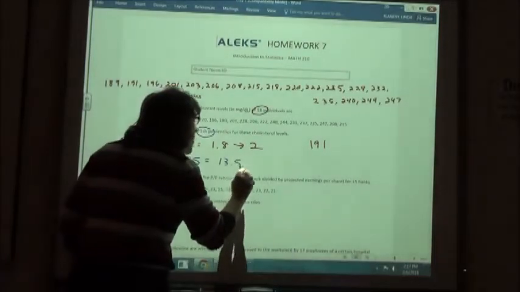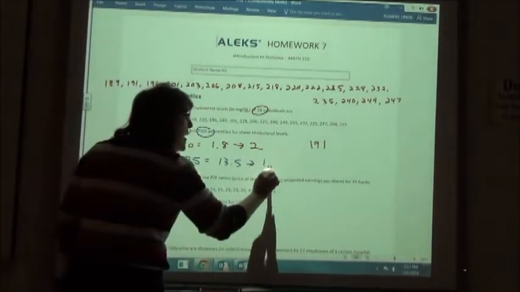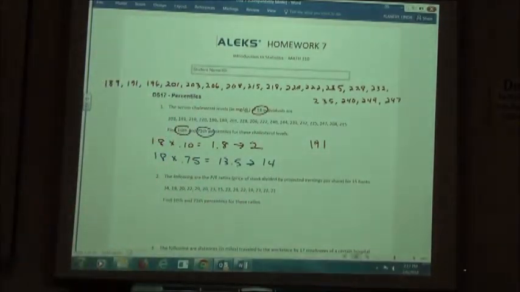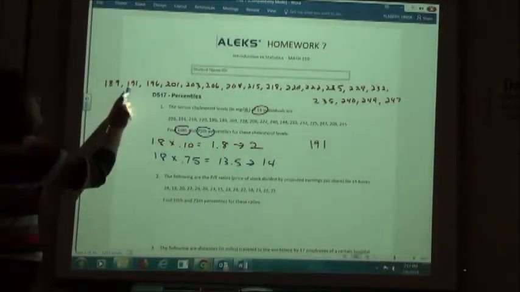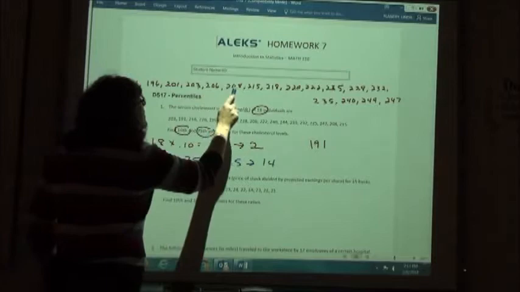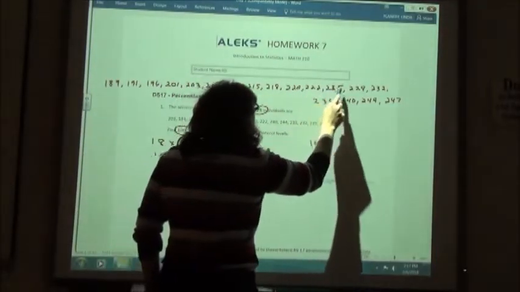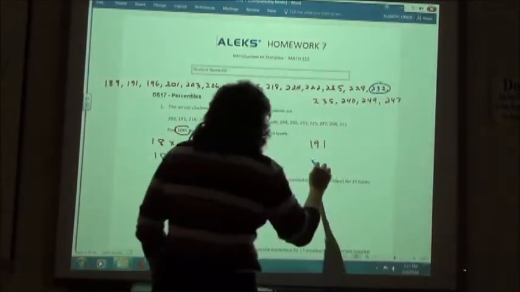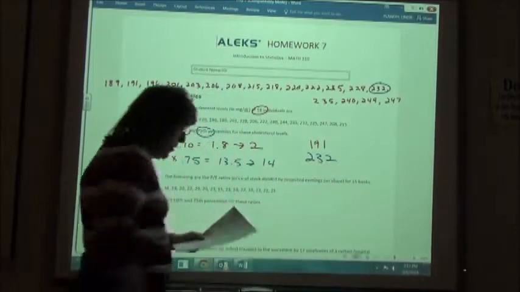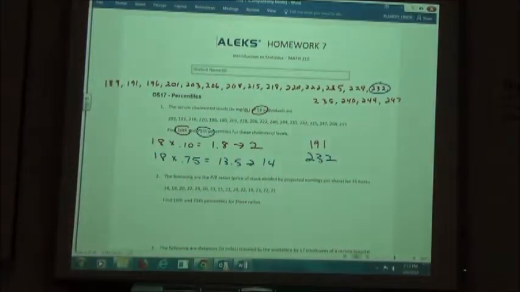If we take 13.5 and round that off, we're going to have to round that one up to 14, right? So then we're going to look for the 14th number on our list. 1, 2, 3, 4, 5, 6, 7, 8, 9, 10, 11, 12, 13, 14, 232. Looks like it is the 14th number on our list.